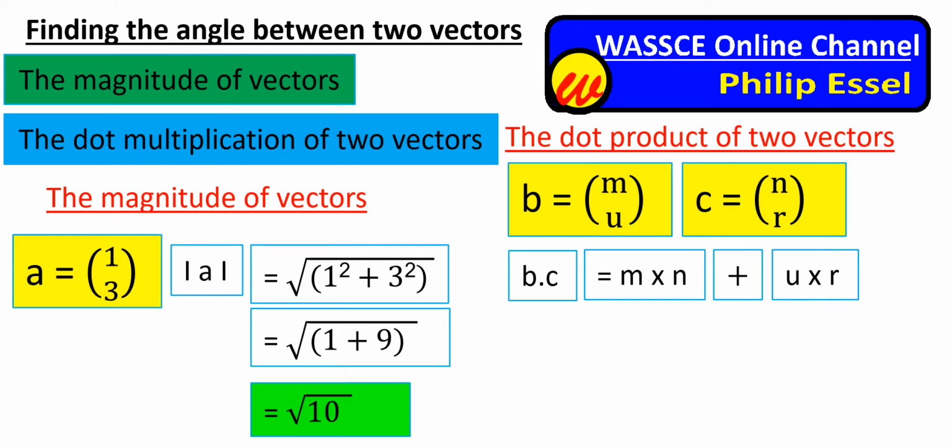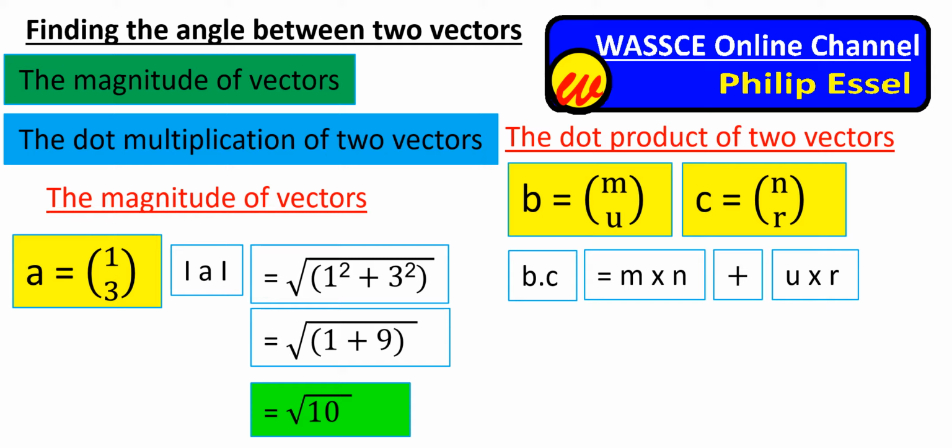So let me quickly repeat this. If you have the vectors b and c with those components, and you have to find the dot product of the two vectors, all you need to do is to multiply their x components together. In this case, the x components of the two vectors are m for the vector b and n for the vector c.